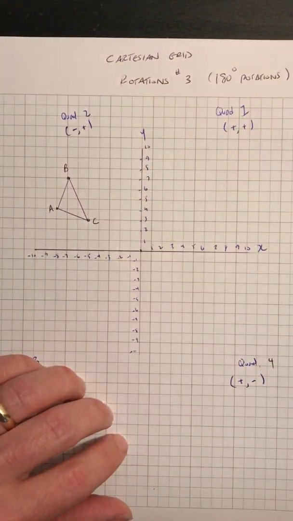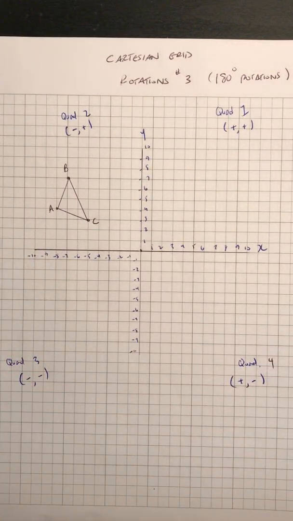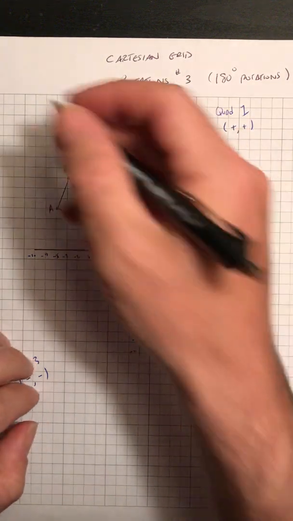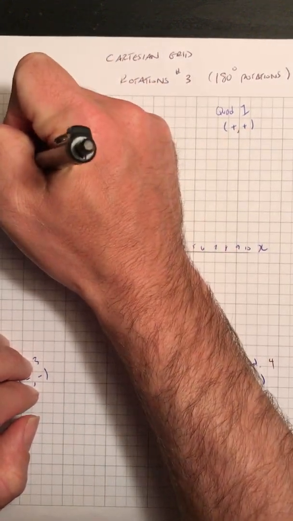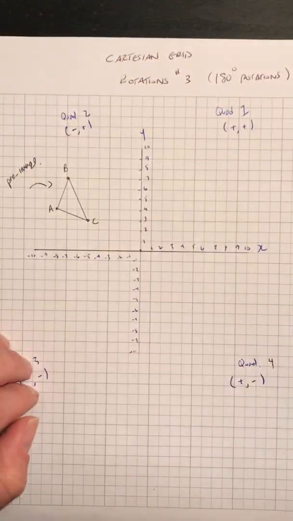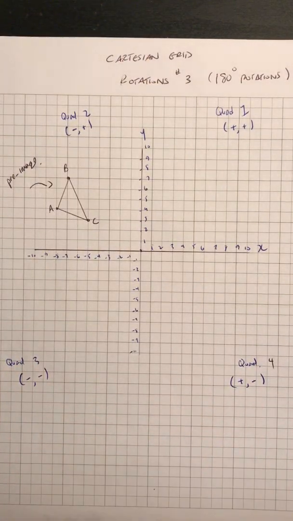And I was asked a good question: Mr. Roberts, what's the pre-image? Okay, so the pre-image is your original shape. The pre-image is the original shape that you're going to be manipulating. There's a word that we're going to be doing things with, either reflecting, rotating, translating, whatever it is.